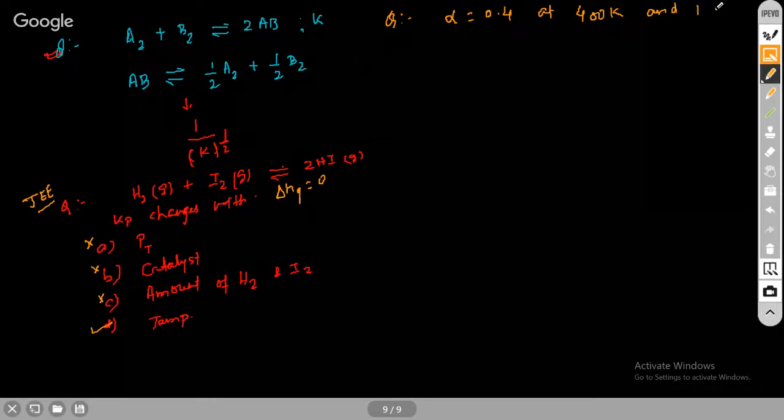At 1 atm pressure for the gaseous reaction, and the reaction is this: PCl5 converts into PCl3 plus Cl2. All these are gaseous.